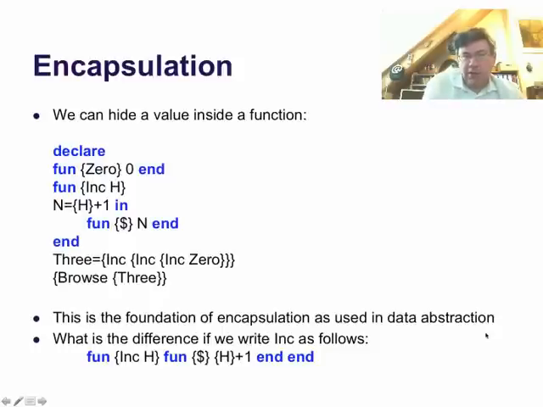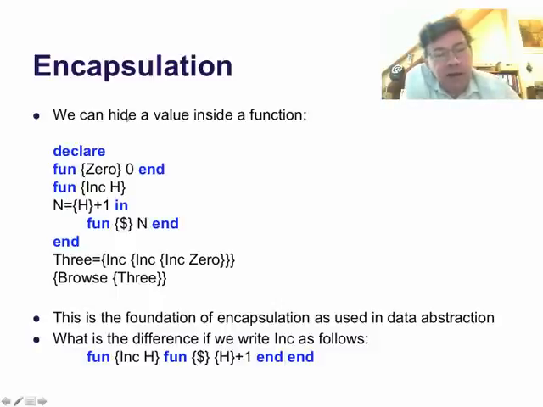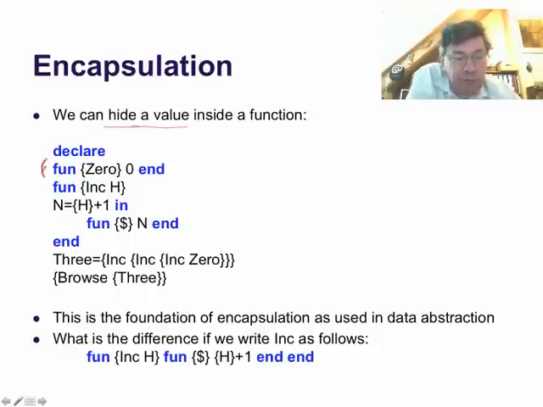Okay? Let's go on. We have by far not exhausted the abilities of higher order programming. Here's an interesting thing we can do. We can hide a value inside a function. This is kind of a trivial example, but it will become very important later for data abstraction. So let's take a function here called 0, a zero argument function, but it returns the number 0.